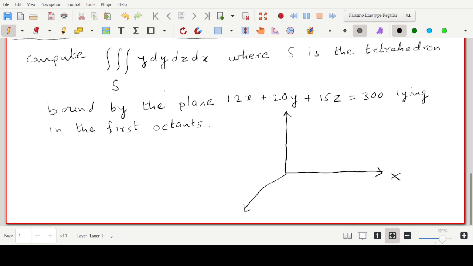This is the x axis. Now it is up to you how to represent the axes. Typically the horizontal axis is taken as the x axis. Some people choose to take this as y and this as z, so you can exercise your choice. I am taking this as z at present.